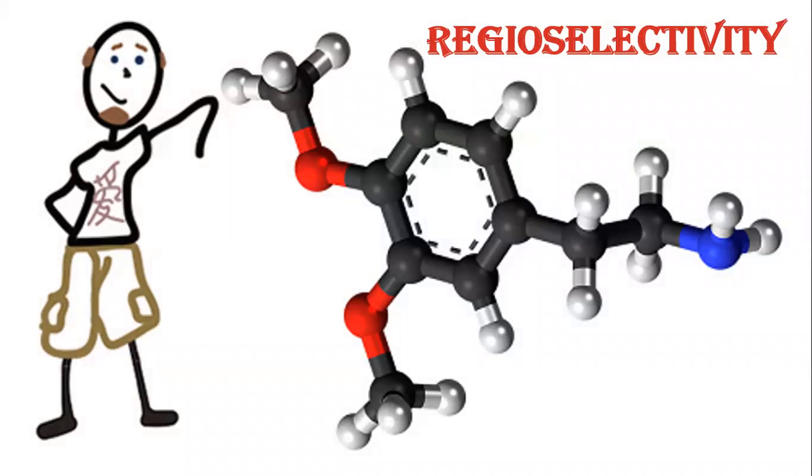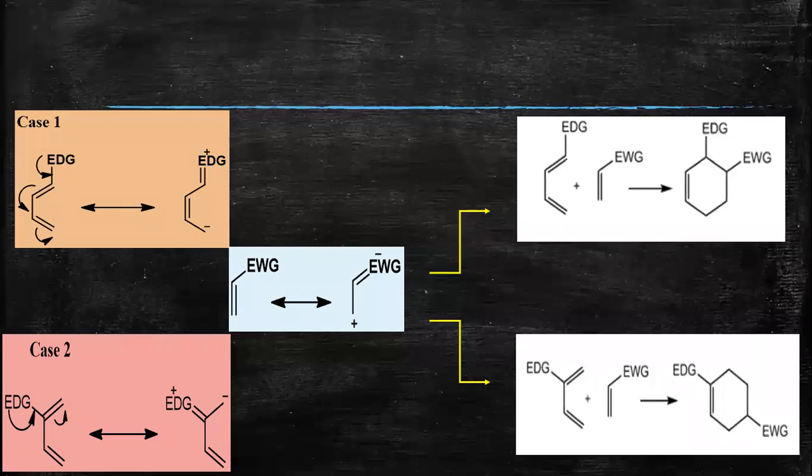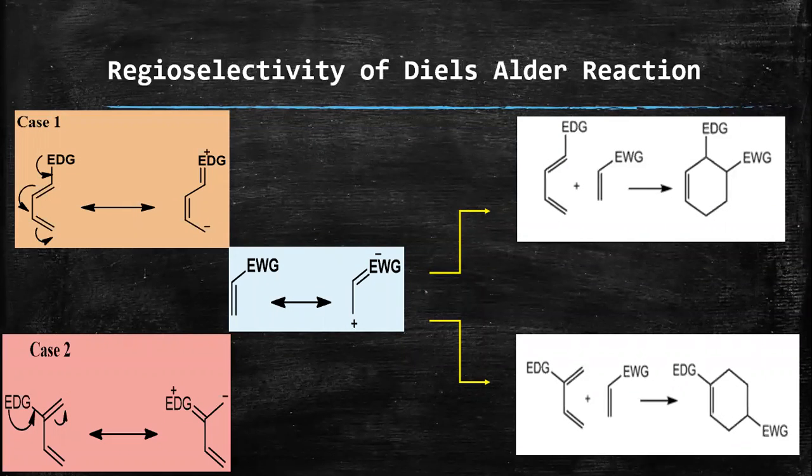Now we'll discuss the regioselectivity of Diels-Alder reaction. In case number 1, in normal demand Diels-Alder reaction, the electron donating group would donate its electron like this, and the resonance structure shows that electron density is rich at carbon number 4 here.